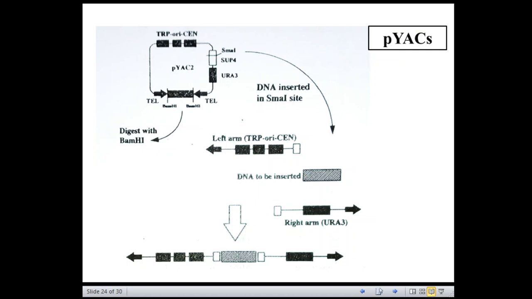DNA fragments with repeated sequences, which are sometimes very difficult to clone in other vectors, that is bacterial plasmids, may also be cloned using yeast artificial cloning vectors. The main advantage of YAC based vectors is the ability to clone very large fragments of DNA, a distinctive advantage over other cloning vectors.